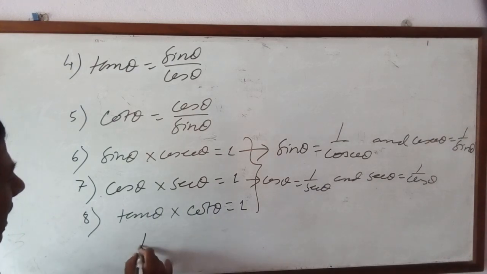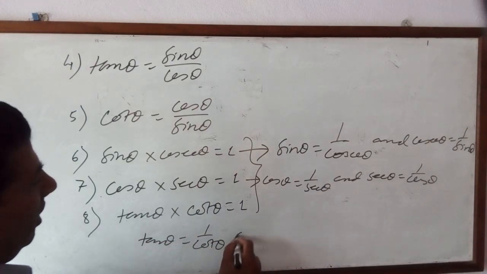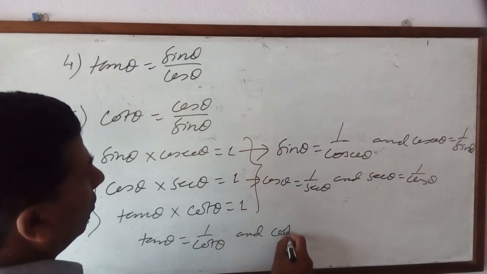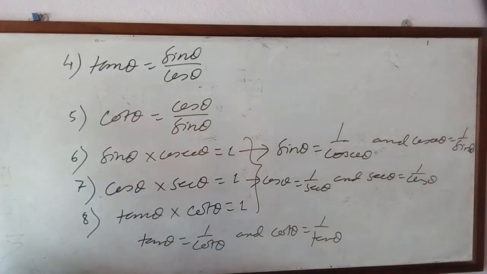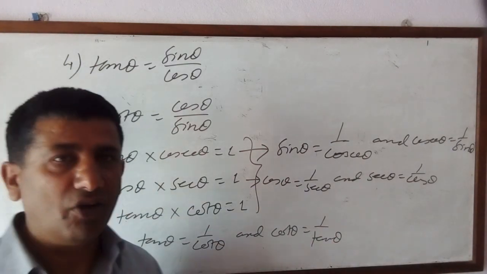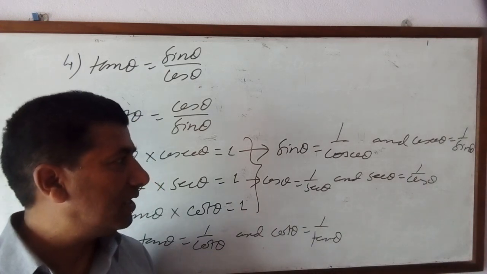From here tan theta equals 1 by cot theta and cot theta equals 1 by tan theta. These are the basic formula of trigonometry. Without these formula, it is very difficult to understand the exercise chapter.